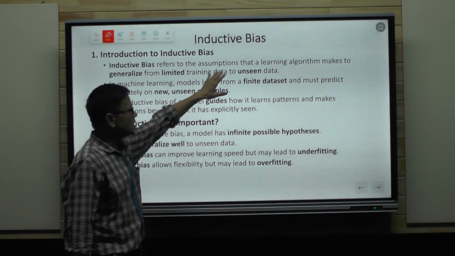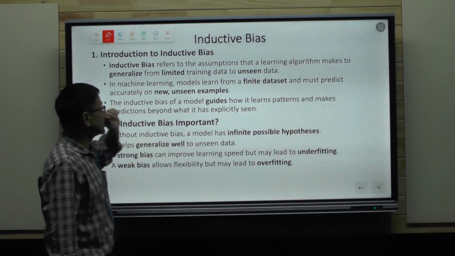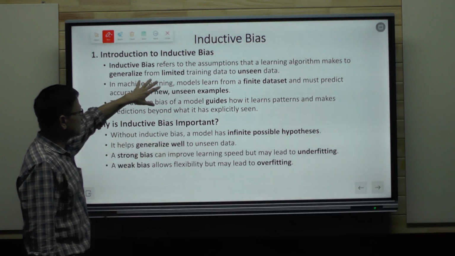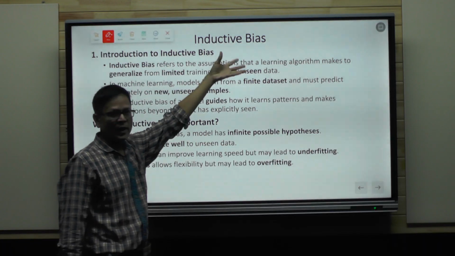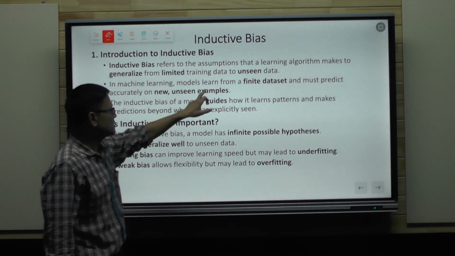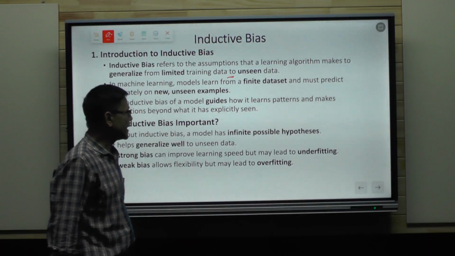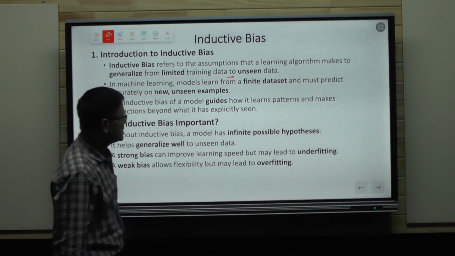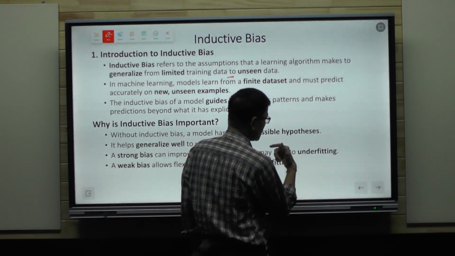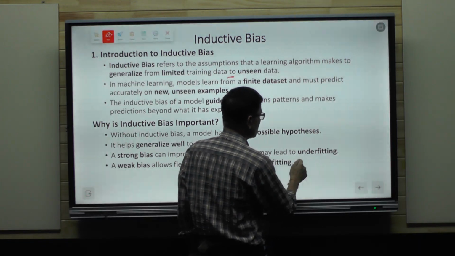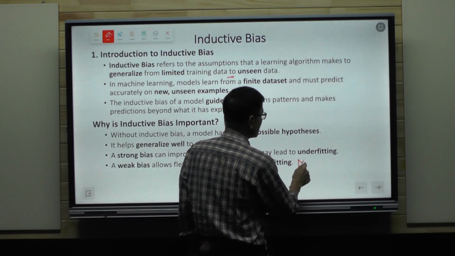Inductive bias refers to the assumption that a learning algorithm makes to generalize from a limited training data set to unseen data. That means suppose you are applying an algorithm or technique of machine learning.